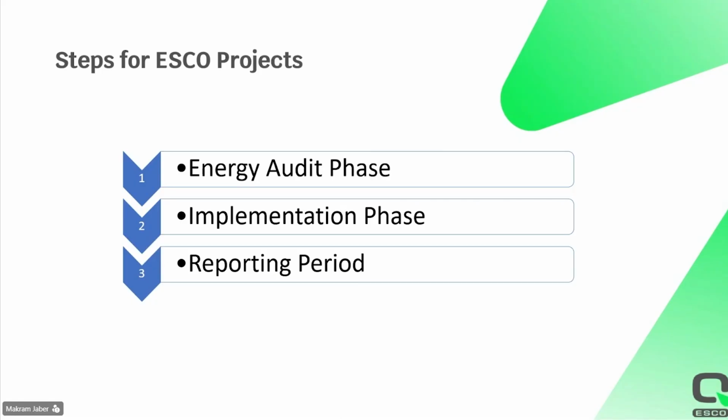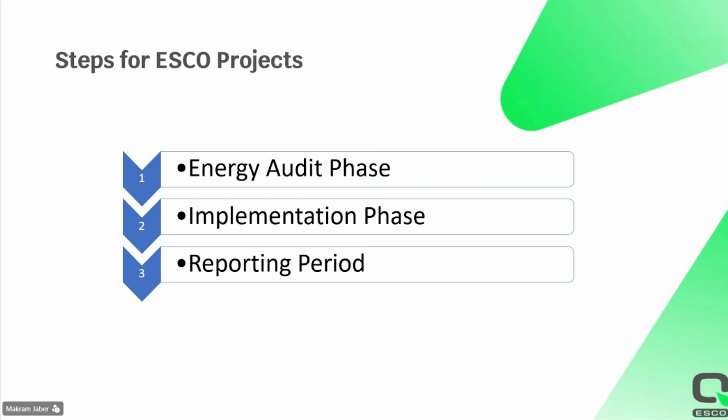So all of this is done in the energy audit phase, where we propose ESMs and the savings that we are going to achieve, and we provide the cost and payback of these ESMs.